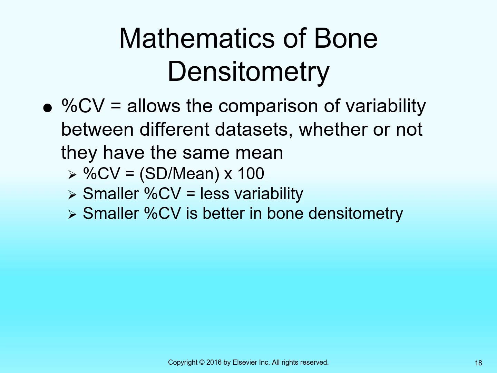Okay. Now, percent CV, remember I said, comparison of variability between different data sets means that you can compare the GE statistics on a singular patient to the Phillips statistics. Okay, so what you do is record the percent CV, which is the standard deviation divided by the mean times 100.